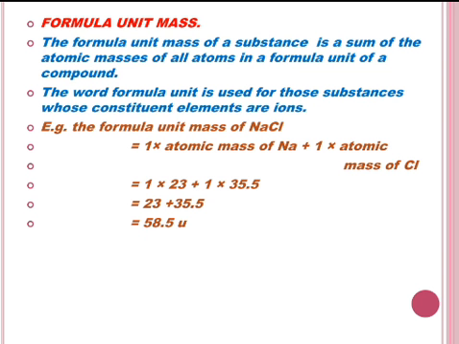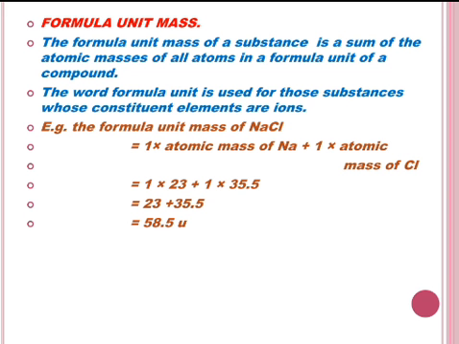Students, remember one thing, that there are 2 types of compounds. One is molecular compounds, which are formed by the combination of 2 or more nonmetals like CO2, H2O, H2, C6H12O6, NH3. These compounds are held together by covalent bonds, which are formed by the sharing of their valence electrons.